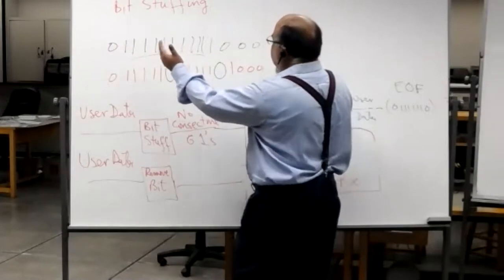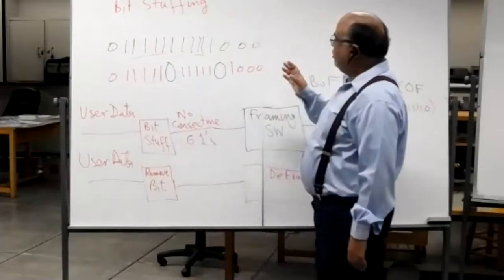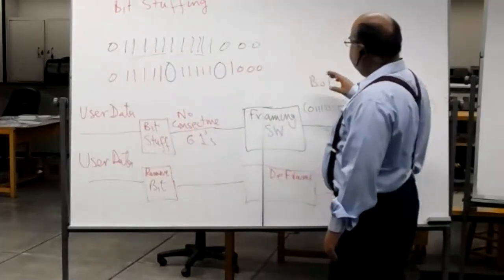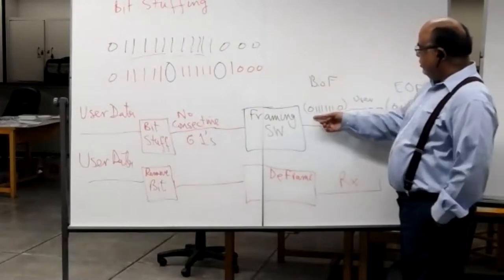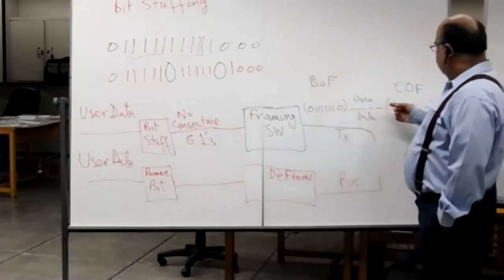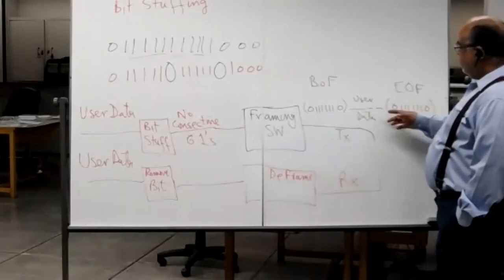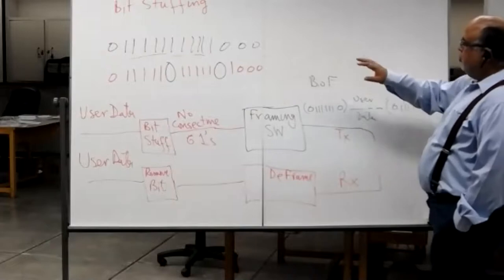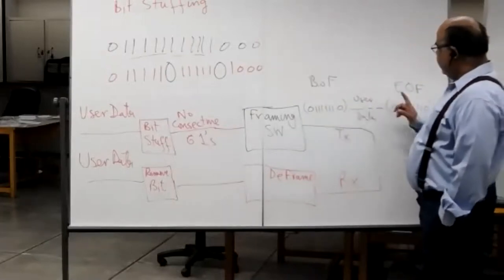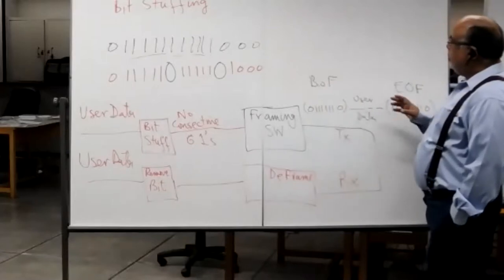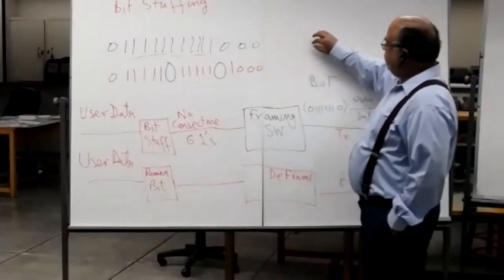One chunk is then made into a frame by inserting this byte in the beginning and this byte at the end. So one chunk of data, which could be multiple bytes, exists between this and this. So user data is converted into multiple bytes of packets.